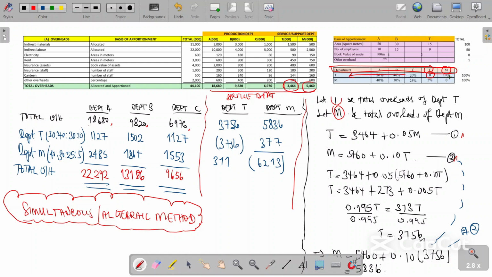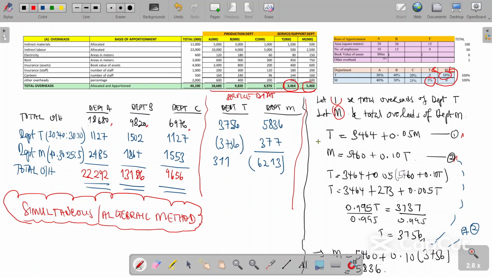Department M is benefiting 10% from department T, whilst department T is benefiting 5% from department M. Let me repeat that again. If we check this particular table, you will see that department M is benefiting 10% from department T, and department T is benefiting 5% from department M.